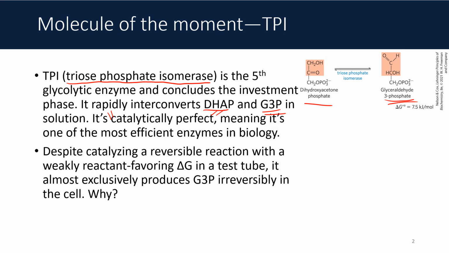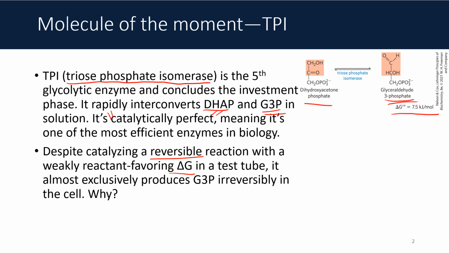Its catalytic ratio, the kcat to Km, is on the order of 10 to the 8. So this is a very fast reaction. In just a test tube, it is going to be a reversible process. However, it has a very weakly reactant favoring delta G, positive 7.5 kilojoules per mole in equilibrium conditions.